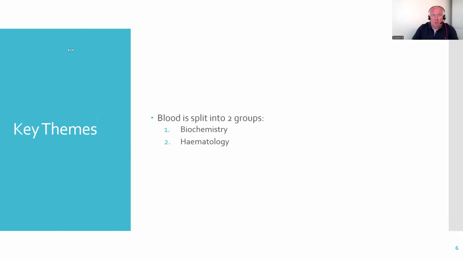The biochemistry contains all of the chemicals in the blood, so that's going to be things like sodium, potassium, liver markers. And the hematology contains all of the cells, so that's going to be things like red cells, white cells, and platelets. Collectively, they're normally called the full blood count, FBC.